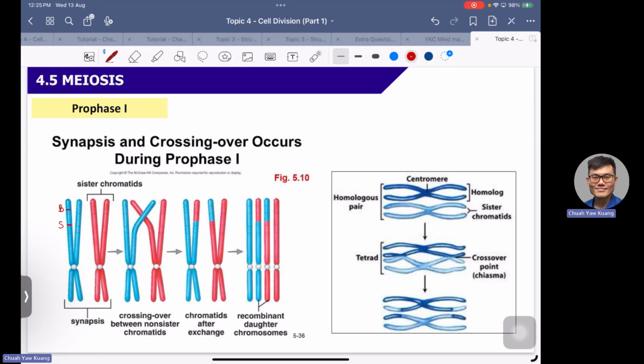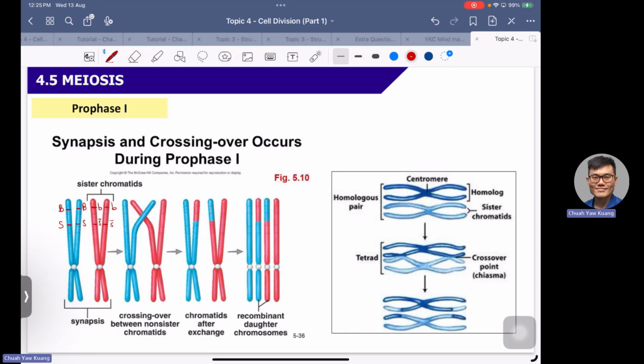Then let's say your mother has blonde and curly hair. The blonde hair is the natural one, not artificial, not something you go and dye. So the mother is blonde and curly.